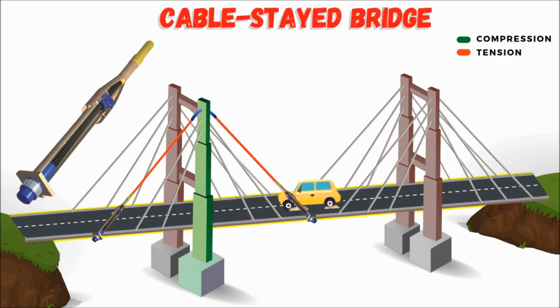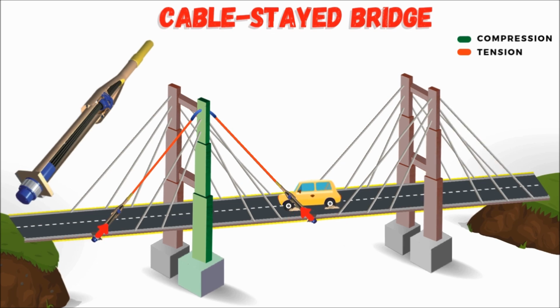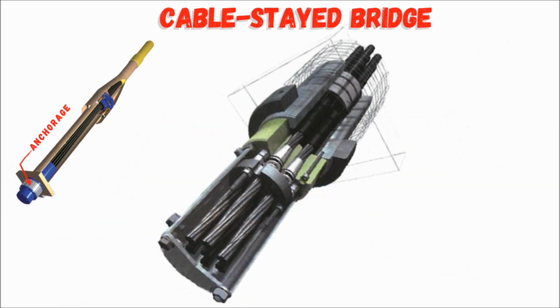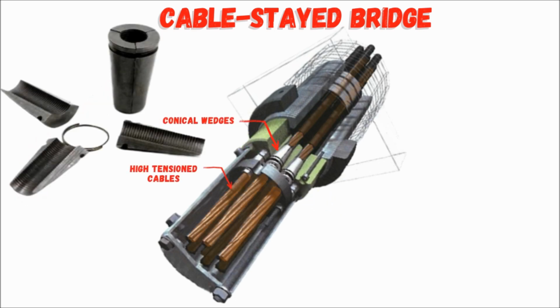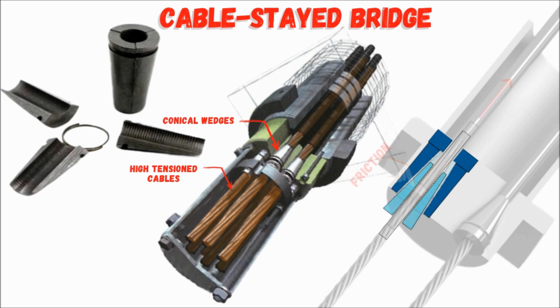The anchorage system is very crucial for transferring the loads from the deck slab to the cables. This is the anchorage, which is designed to securely hold the high-tension cables in place by the conical wedges, using a combination of friction and compressive force.